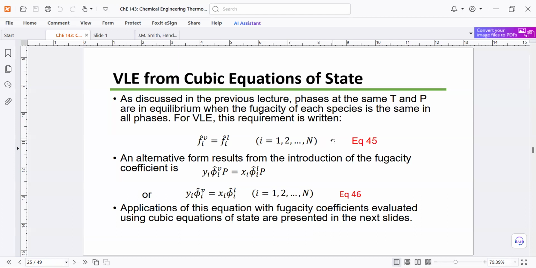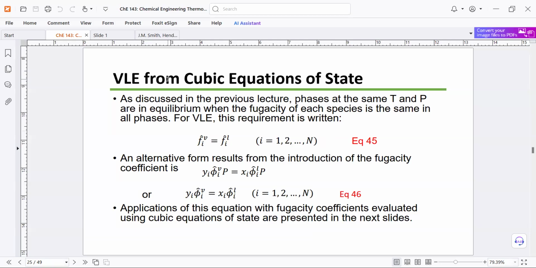But we also have the van der Waals and the rest of the cubic equations of state that now account for the molecular volume and also the attractive forces between the molecules.